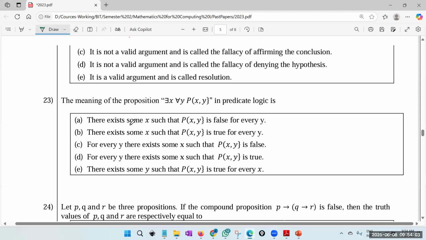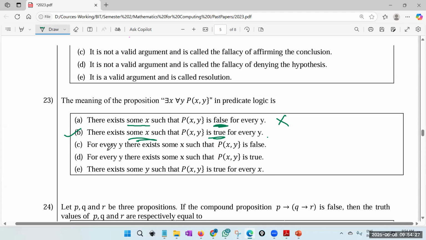There is some x such that P(x,y) is false. No, not false, true. There is some x such that P(x,y) is true for every y. So that is my answer. For some x value, and for that x value, for all y values, this is true.